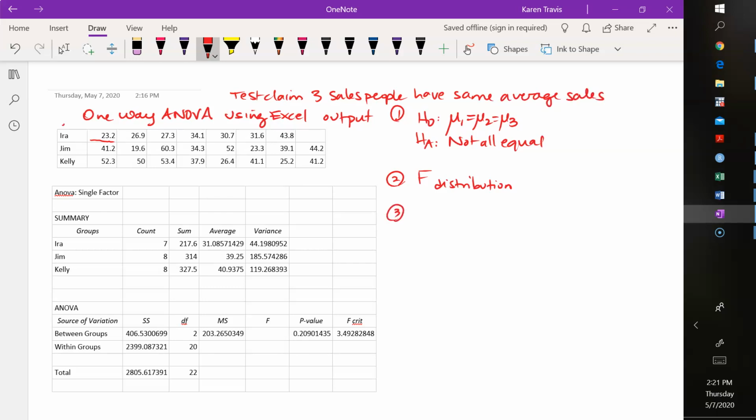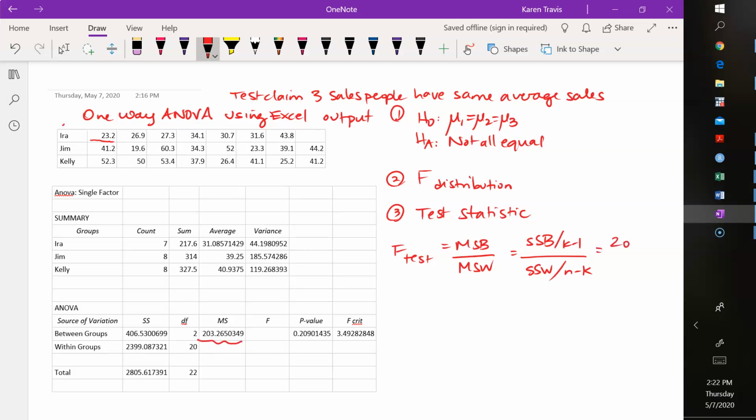Next, we need a test statistic, and to find our F test, we need mean square between over mean square within. Mean square between comes from SSB over K minus 1, and mean square within comes from SSW over N minus K. Taking a look at our output, we have mean square between already.